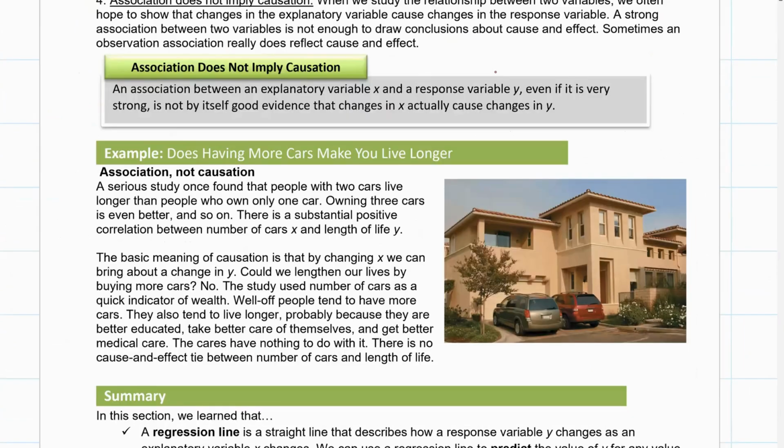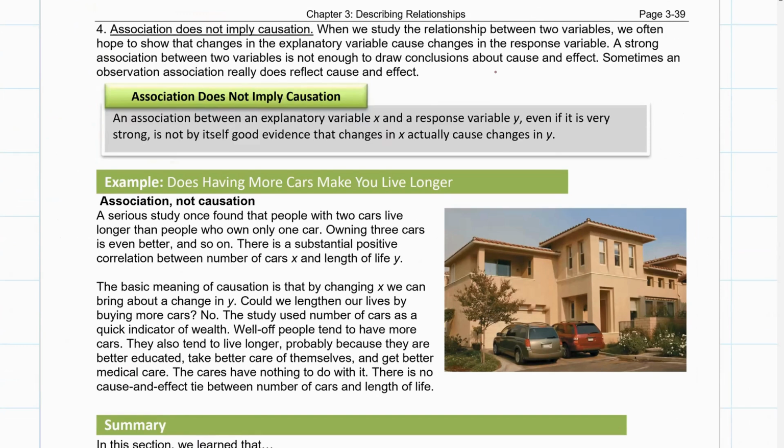All right. Last point on things to worry about with regression, and that is association does not imply causation. Just because there's a relationship, a high correlation, it doesn't mean that one thing causes the other.